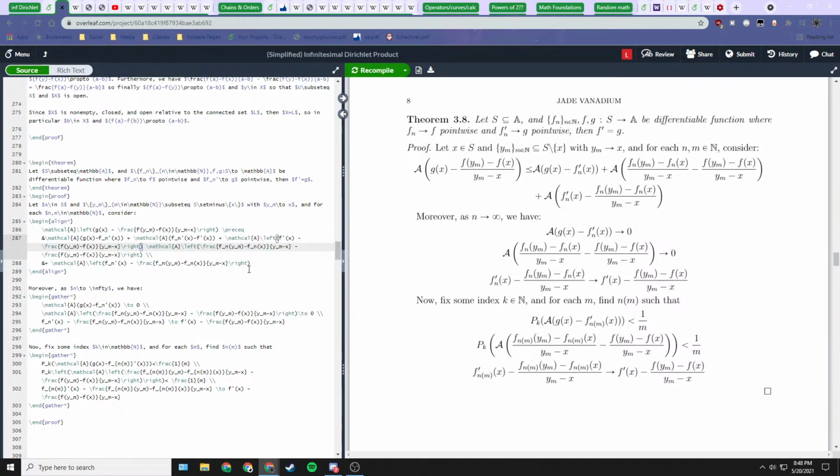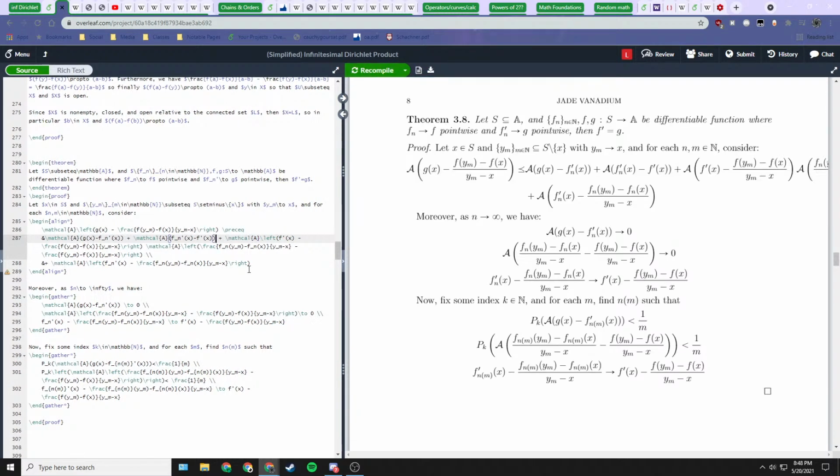And then we have yet another fraction. We need to end up with f with them. Oh, that's what we need to end up with, huh? But aren't we already done? No. Is this trivial and am I dumb? I think if we assume f is differentiable, this becomes trivial.